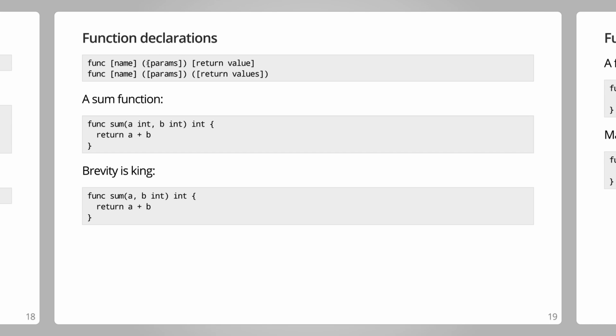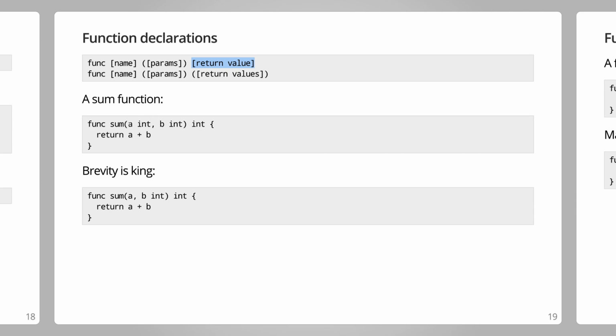It can have zero or more parameters, and it can return zero or more return values. So here's an example of a sum function that takes two integers as input and returns an integer.